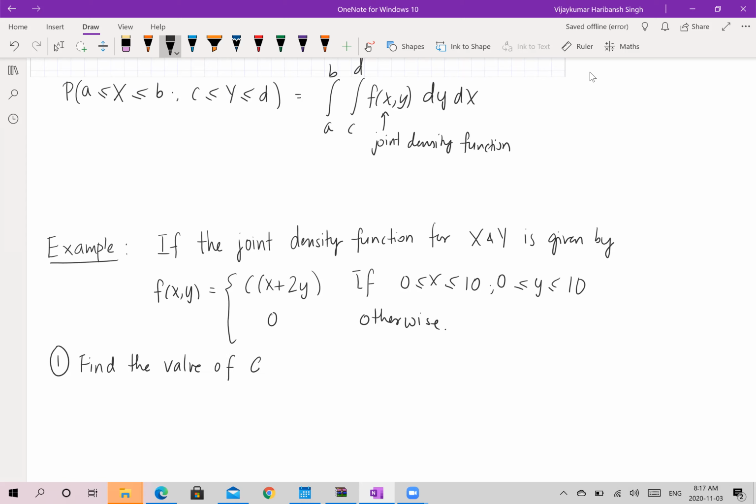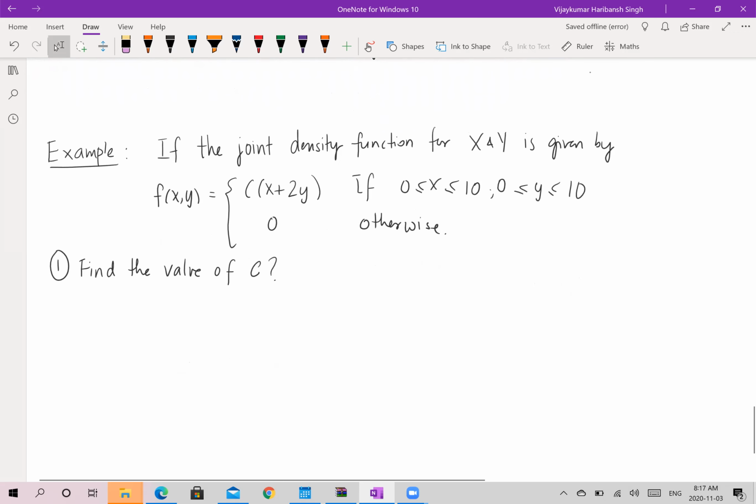Problem 1. Problem 2, compute the probability that x is less than or equal to 7 and y is greater than or equal to 2.